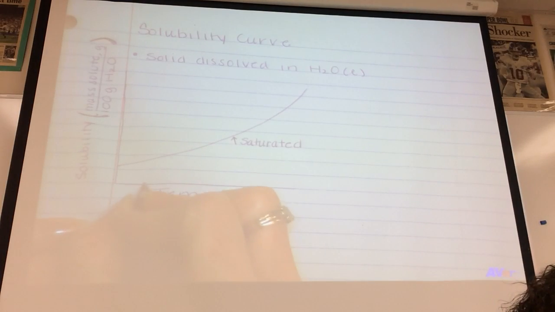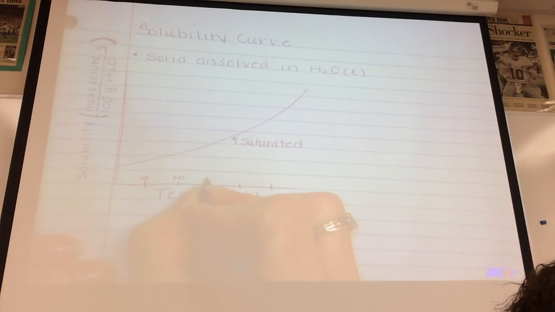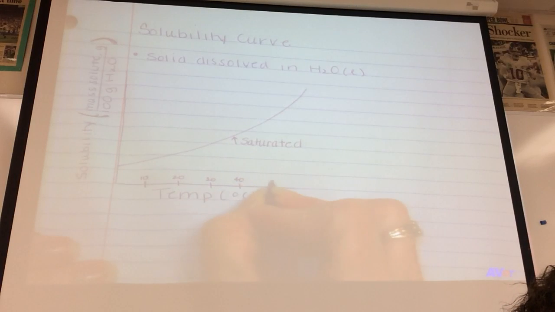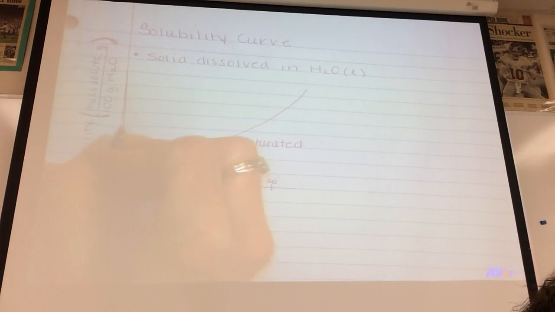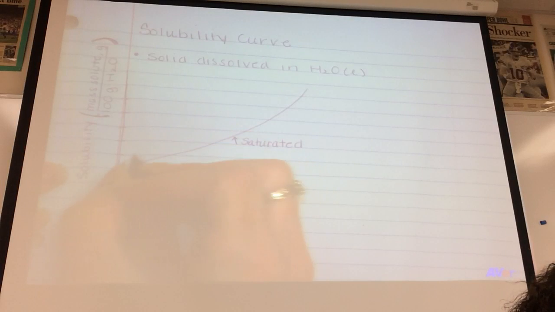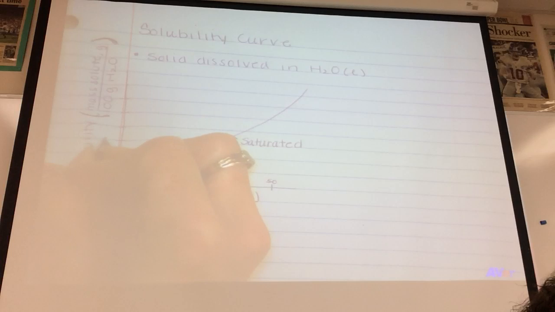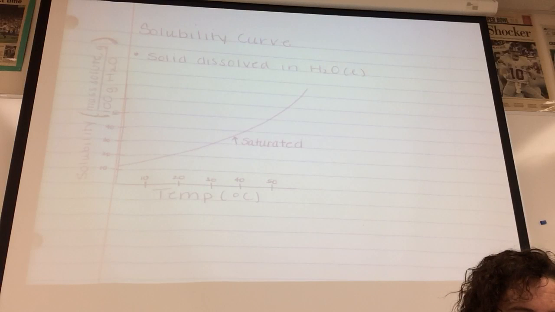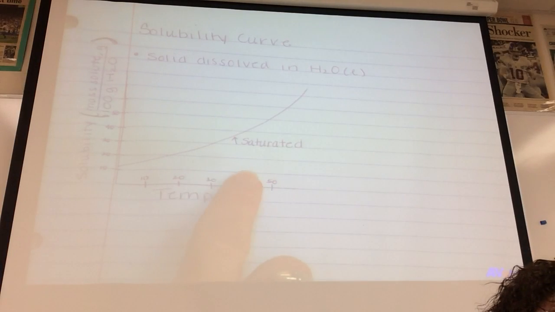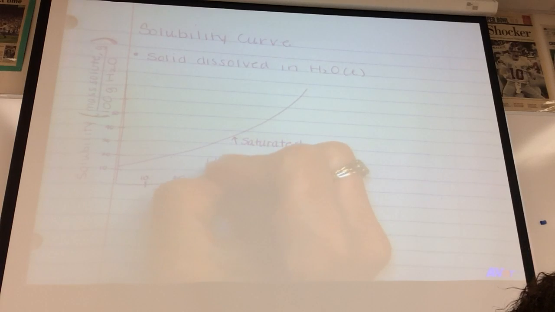So for example, let's say this is 10, 20, I'm labeling above because I didn't leave enough room, 30, 40, 50, and let's say we've got 10, 20, 30, 40, 50, 60, etc. Anywhere below the curve will be unsaturated.